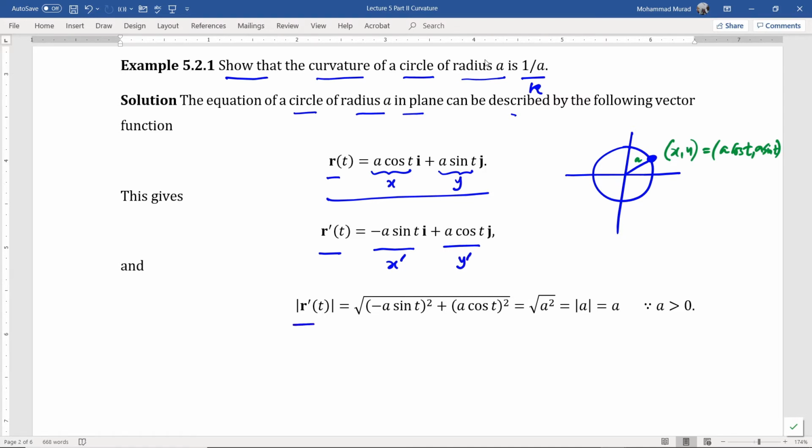And its magnitude is the positive square root of the sum of the squares of the components, which is equal to the non-negative square root of a squared, which is the absolute value of a, but since a is positive, it reduces to a only. So the magnitude of the vector r prime equals a.